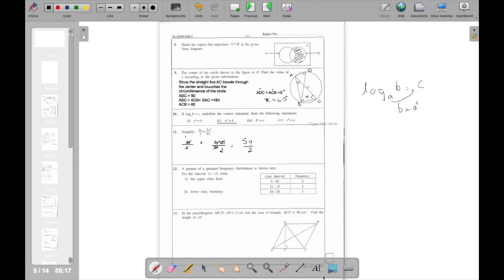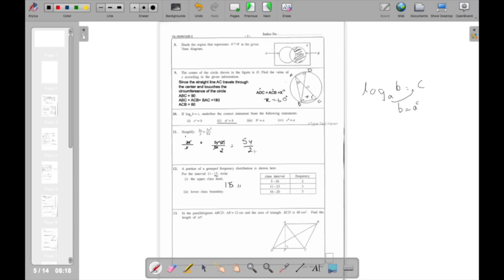So moving on to question number 12, you have a portion of a grouped frequency table shown below for the interval 11 to 15. Write the upper class limit. The upper class limit of 11 to 15 will definitely be 15. So you can write 15 as the answer for the first one.